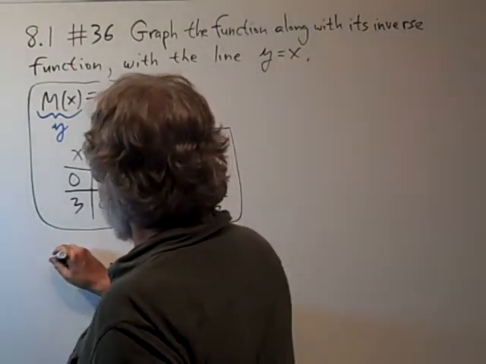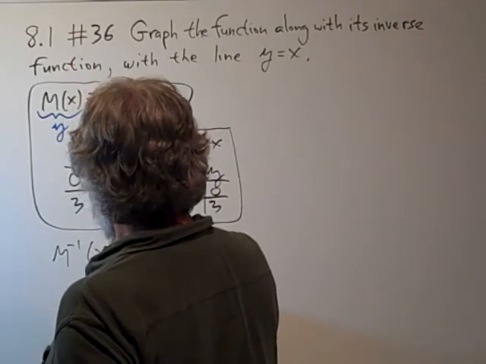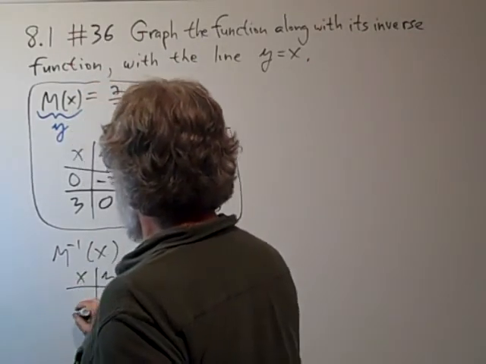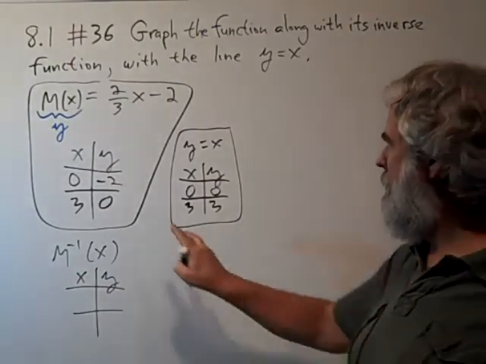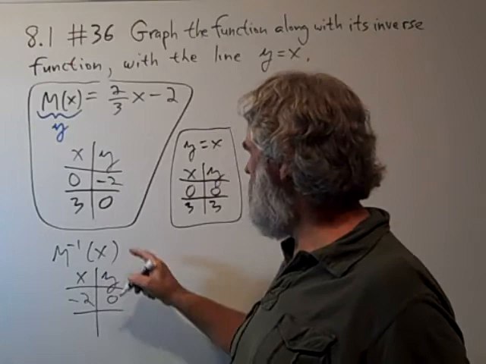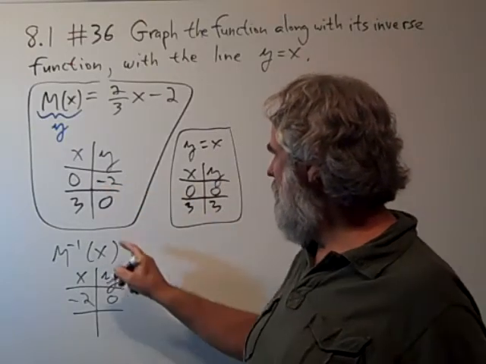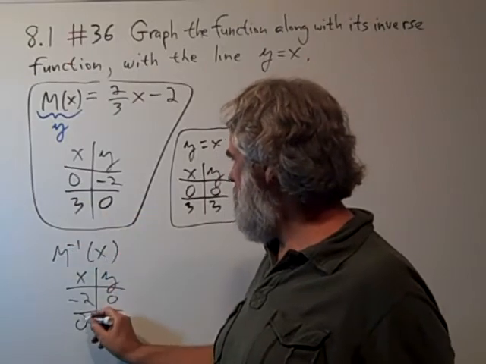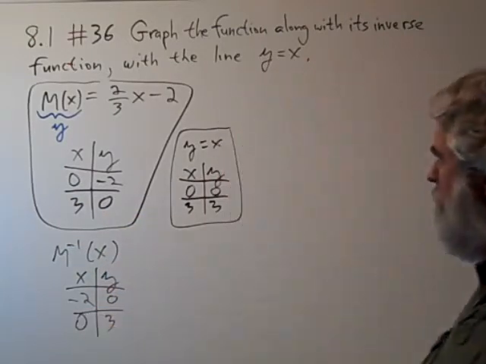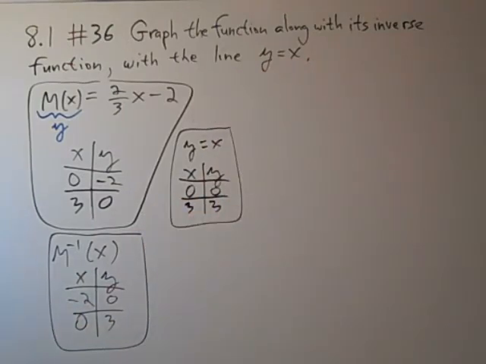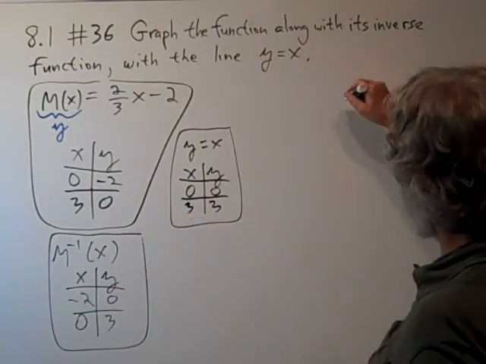And for the inverse function, we can basically use the same table we have for m, but with the coordinates switched. So -2, 0 instead of 0, -2, and 0, 3 instead of 3, 0. So now we can graph these three.